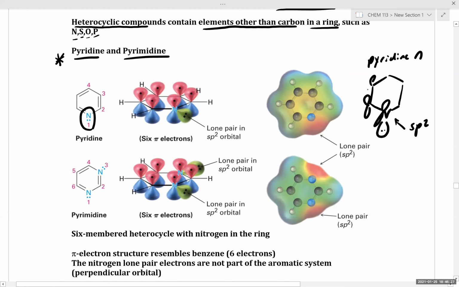It's really important to think about where this lone pair is located. Is this lone pair conjugated, or is it an isolated orbital? If we have an sp2 nitrogen with a lone pair in general, where is that lone pair going to be located? Is it going to be conjugated, or is it going to be isolated? We have a pi bond that uses a p orbital. Where is our lone pair located if this nitrogen is sp2 hybridized?